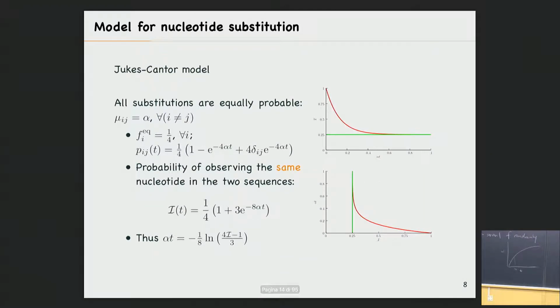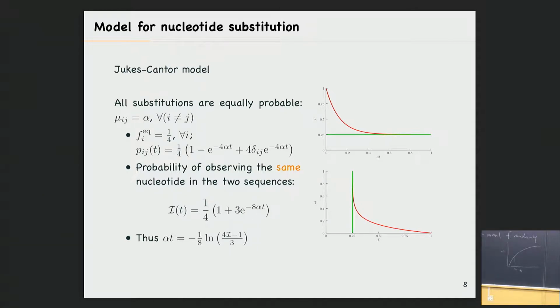Typically there is a very simple Jukes-Cantor model in which all substitutions are equally probable, and let's see what you can get out. In this model, you assume that all the non-trivial substitutions have the same frequency. Then the equilibrium distribution is flat, and the evolution matrix is given by this formula, in which you start from 1 and go towards 1/4.